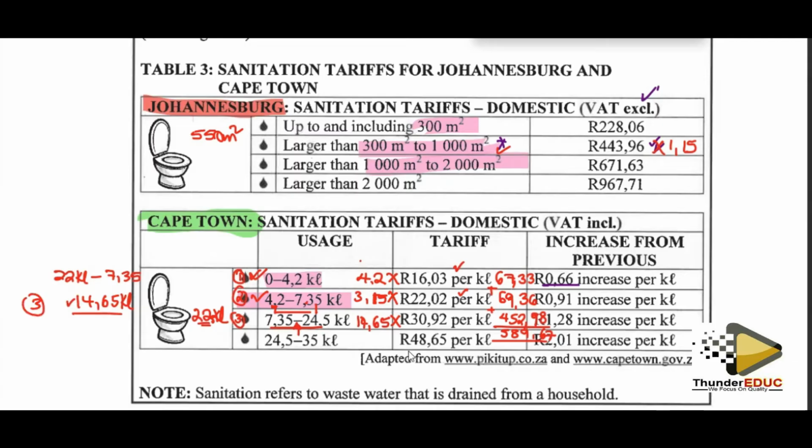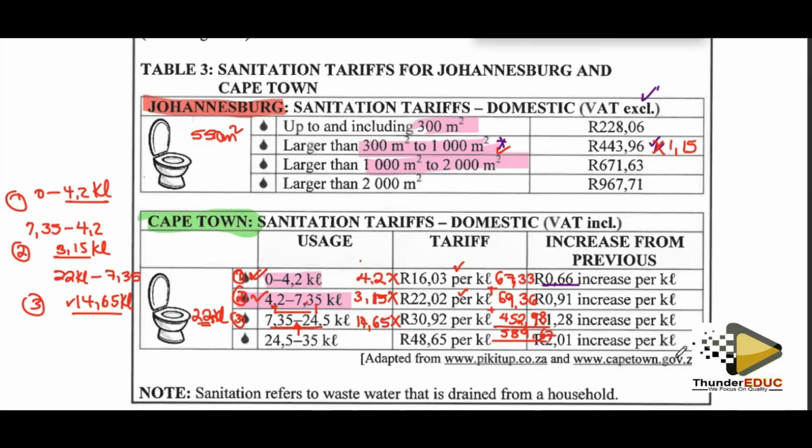Bracket number 2, we have what I used today. It's 3.15. How did we get it? We took 7.35 minus 4.2, which is 3.15 kiloliters. That's how we got the kiloliters there. This is bracket number 2. Indeed, the first bracket is from 0 to 4.2. That's why we have 4.2. I believe you see how we get these values.